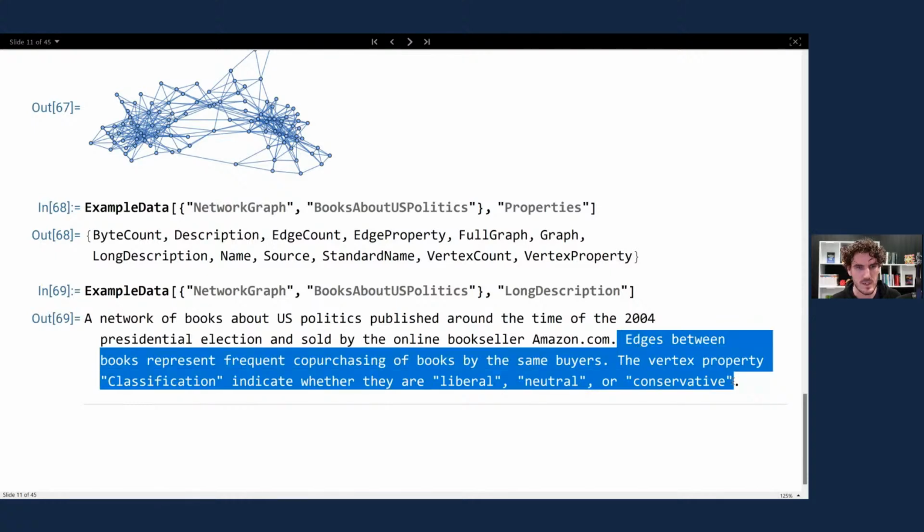Vertex property classification indicates whether they are liberal, neutral, or conservative. Okay. And that previous webinar, Real World Networks, really went in on examples like this, maybe less political examples than this, but yeah, it went in on those real world networks and then did use some information and insights from them.